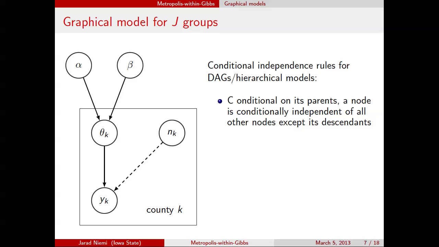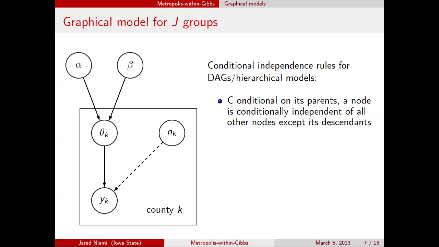And the first relationship is that any node conditional on its parents is conditionally independent of all other nodes except its descendants. So the idea here is that you're going to actually be able to read off of this graph notions of conditional independence. In this particular graph, let's look at theta k.